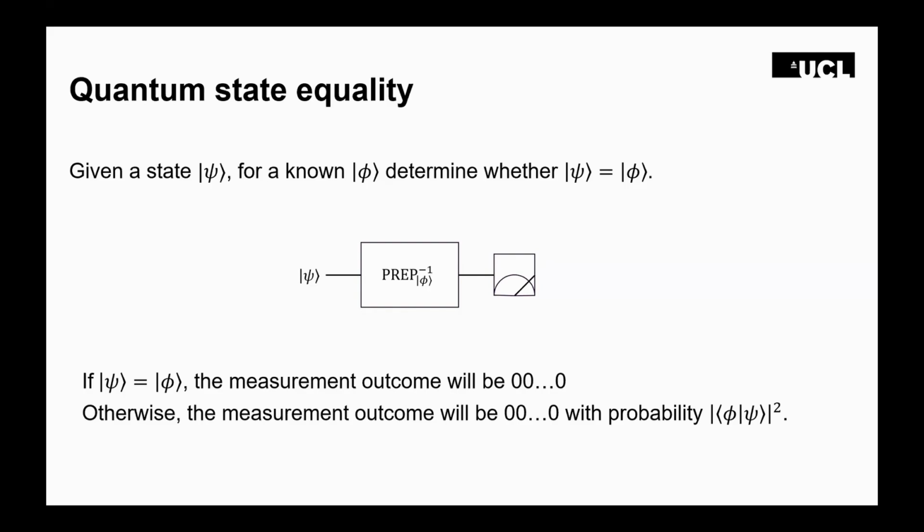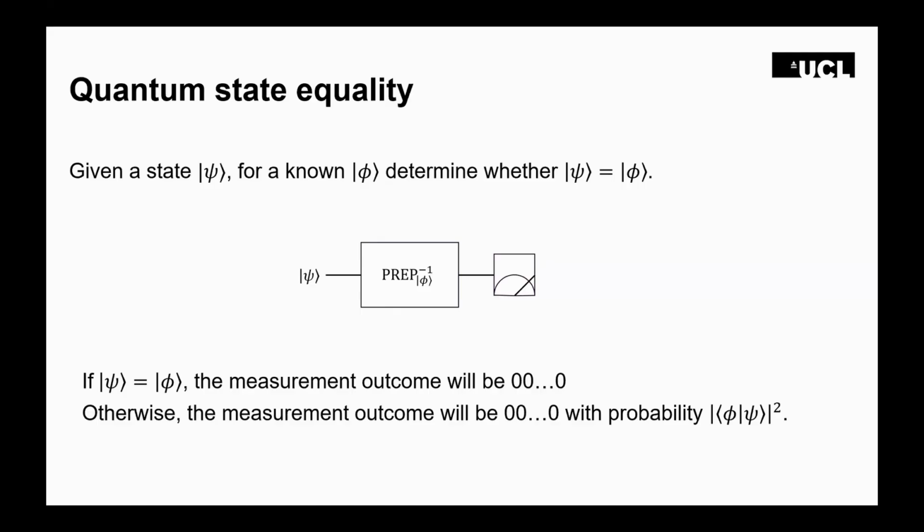There's a simple quantum circuit to perform this task. It basically involves unpreparing the state. If they were the same state, unpreparing the state will get you back to the zero state, and if they were different states, it'll get you to some other state. To skip the details for those who might not be following all the technical points, this equality check will succeed deterministically if the states are equal.